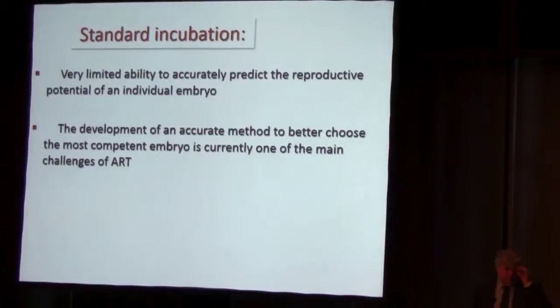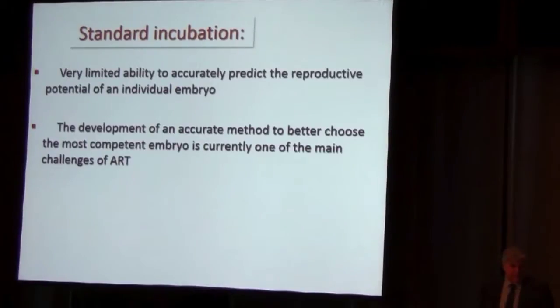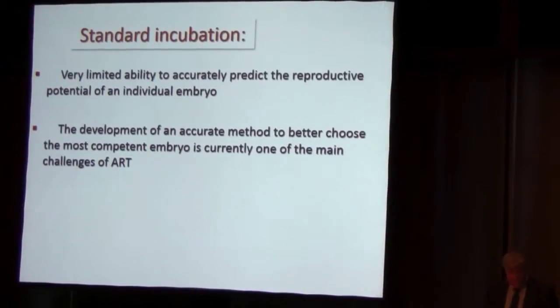There is very limited ability to accurately predict the reproductive potential of an individual embryo. And the development of an accurate method to better choose the most competent embryo is currently one of the main challenges of ART.